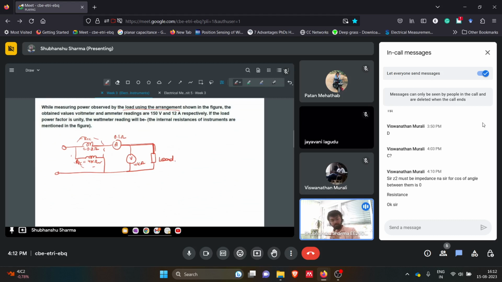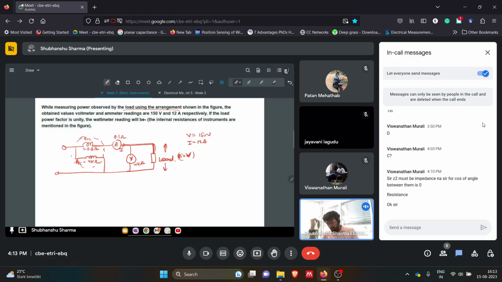So this question: while measuring power absorbed by the load, they say the obtained voltmeter reading was 150 volts, and the current reading, meaning the current I flowing through here, is 12 amperes.